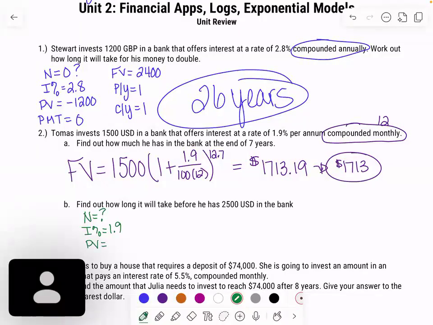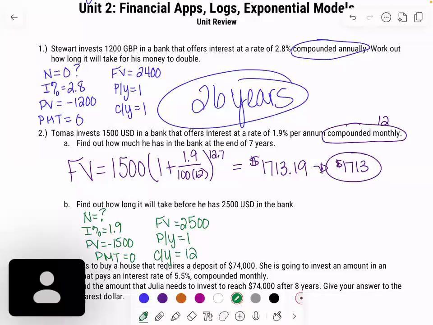Present value is negative 1,500. There is no payment. Future value is, we want to know when it'll reach 2,500. Payments per year is 1 because the bank's paying you out interest once a year, but it's compounded monthly. So I'm going to change that to 12.